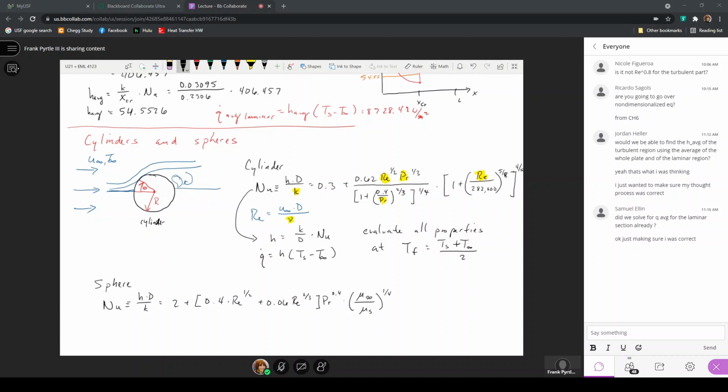Now, know that these correlations are defining dimensionless parameters and are defined in terms of dimensionless parameters.